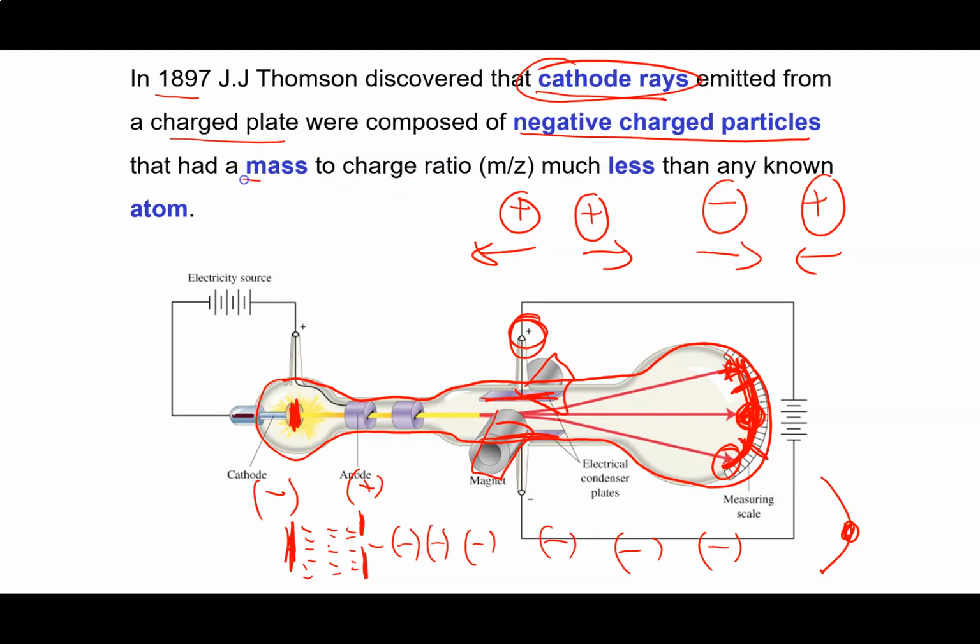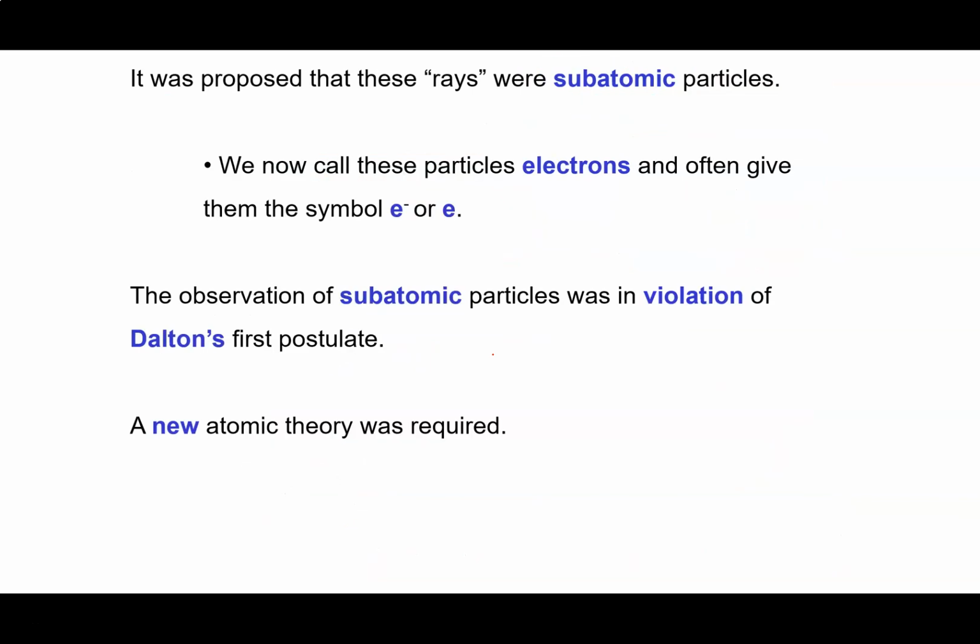Out of all of these observations, he's able to get the mass to charge ratio of this particle. Whatever's coming out of here, he knows it's negative, and it looks like it's really smaller than a hydrogen atom. It looks like it's part of an atom.